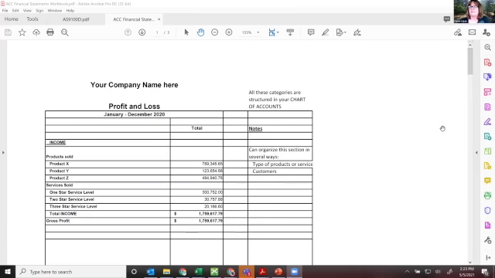Let me stop sharing and try to share my screen again. Let's see if this will work. We're going to give it a shot. Please let me know if you can see the profit and loss statement now. I'm not seeing any thumbs up. Oh, good. Okay, wonderful. Thank you very much.